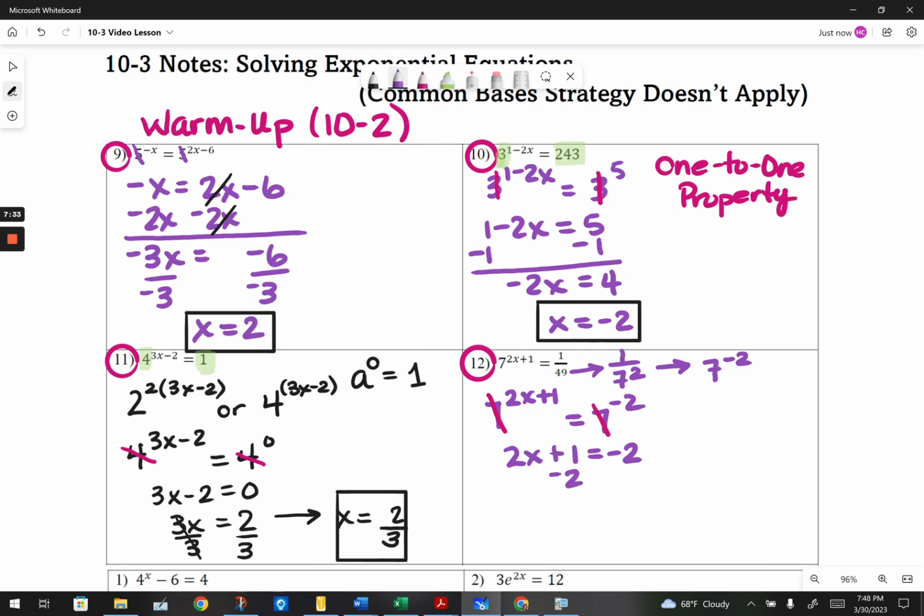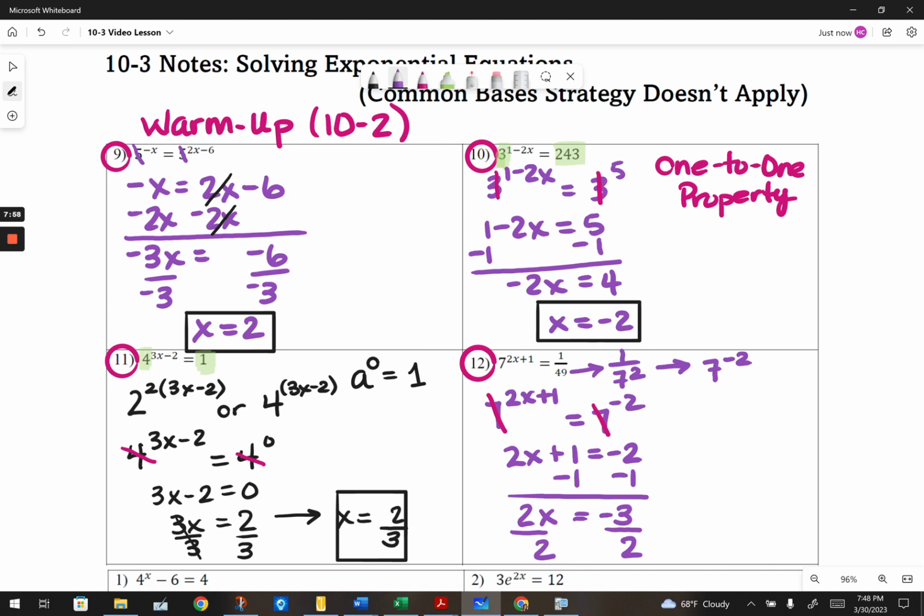I will then not subtract 2, sorry. I'm going to subtract 1 on both sides to get 2x equals negative 3. Then I'm going to again divide by negative 2. Not negative 2, my bad.